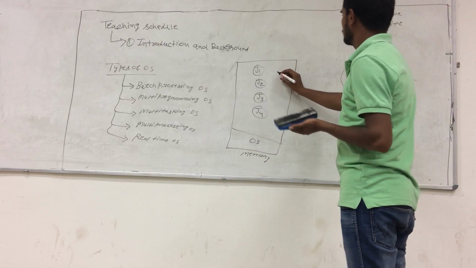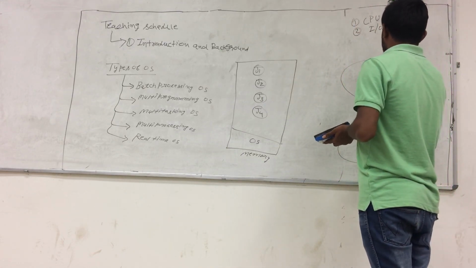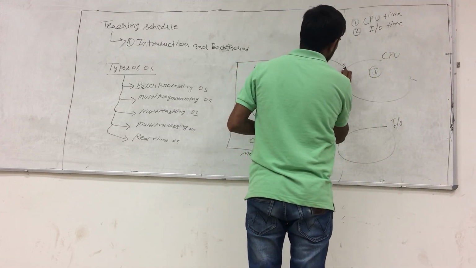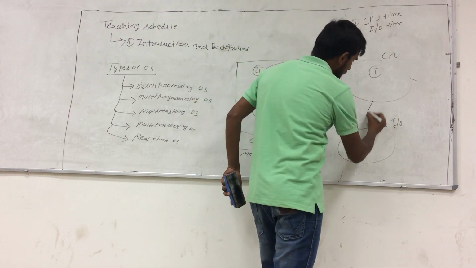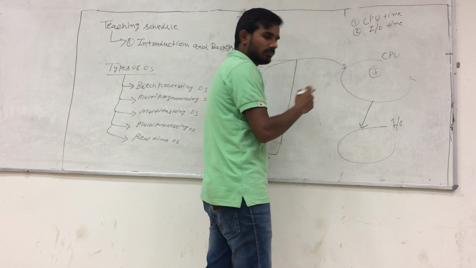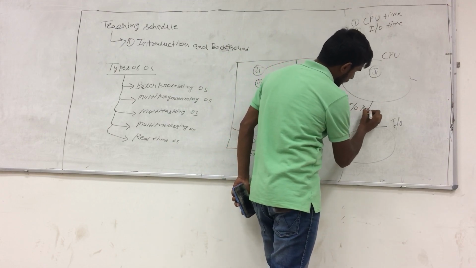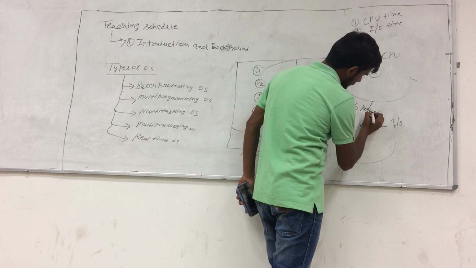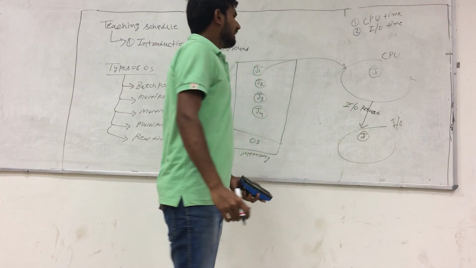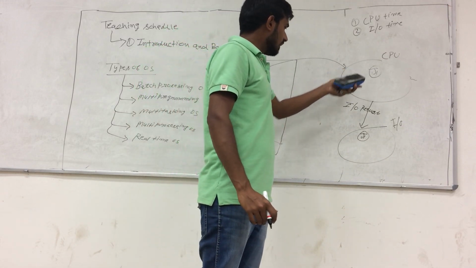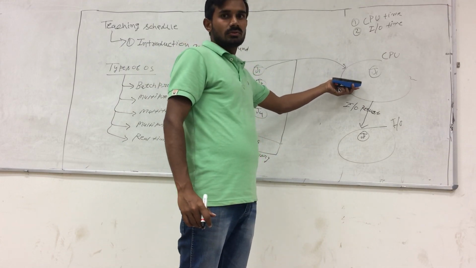So J1 wants to perform CPU operation. So J1 goes from memory to CPU and occupies the CPU. After that, J1 wants to perform some IO operation, so it makes an input output request. When J1 leaves the CPU to perform IO operation, there is no job in CPU.